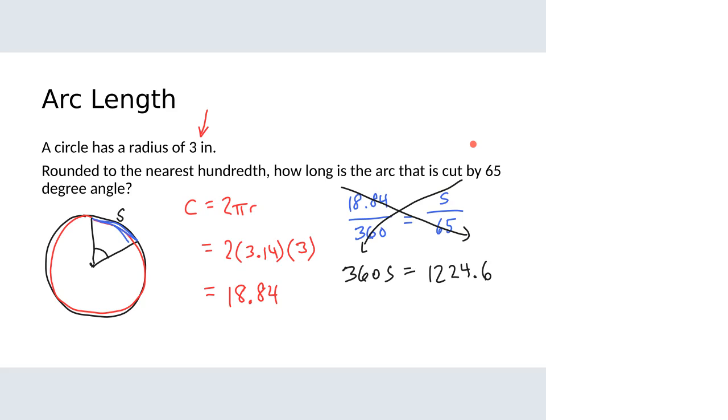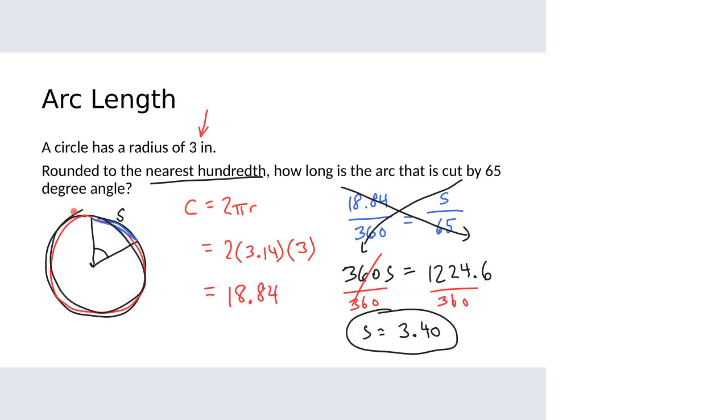Last thing we need to do here to get S by itself is divide by 360 on the left and on the right. Those will cancel, leaving me just the S. And on the right-hand side, rounded to the nearest hundredth, we get 3.40. So how big is the arc that's cut by a 65-degree angle? 3.40 inches. Kind of makes sense. If all the way around is 18.8, then this little slice right here would be 3.4.